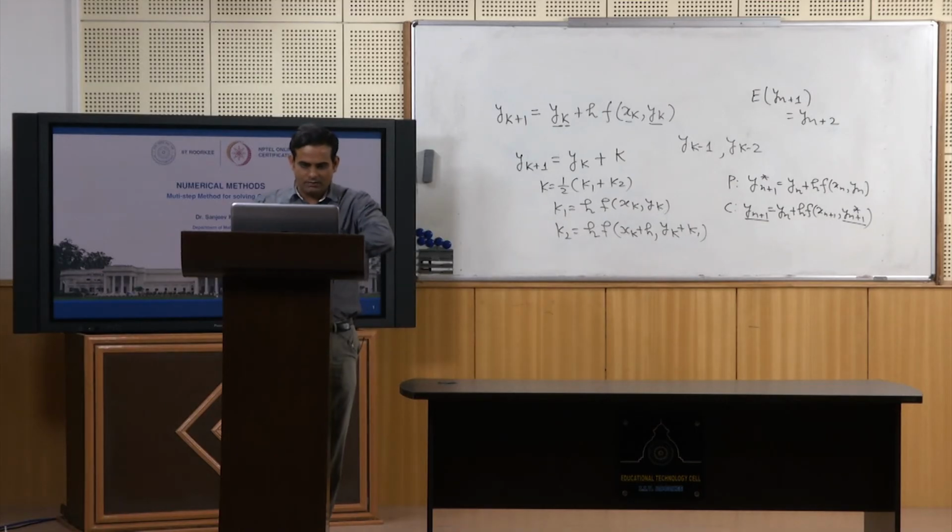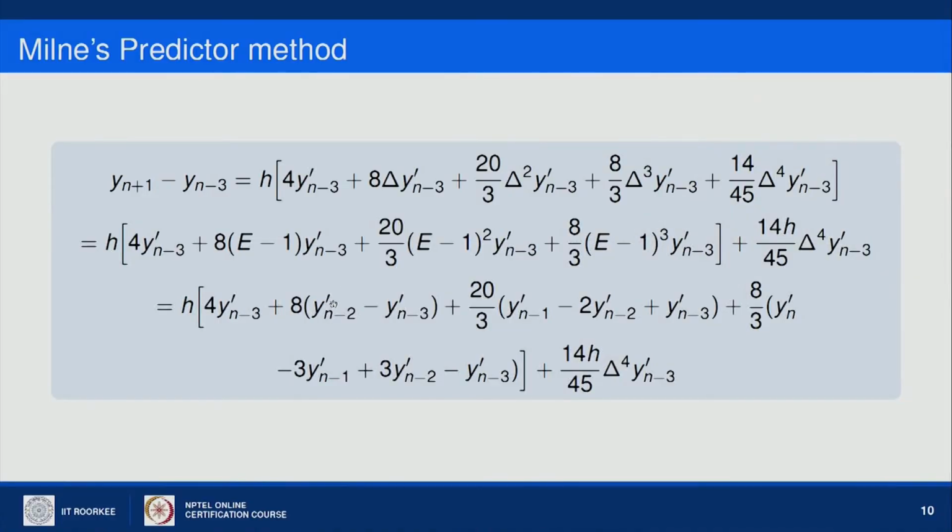Hence it becomes 8 times y prime n minus 2 minus 8 times y prime n minus 3, plus 20 by 3 y prime n minus 1 minus 2 times y prime n minus 2 plus y prime n minus 3. This is coming from e minus 1 square.